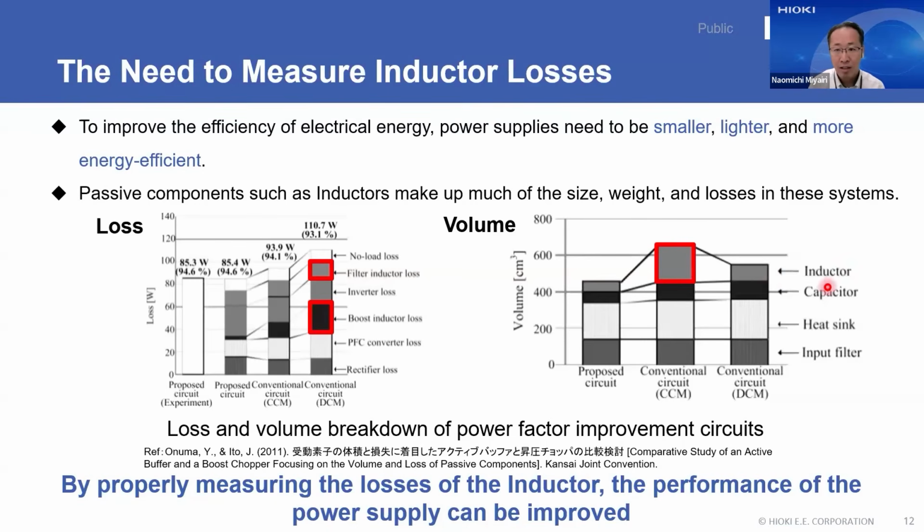Shown in this graph, passive components like inductors account for a significant portion of the total size and the weight of power supplies. And as overall system efficiency increases, the impact of inductor losses cannot be ignored anymore. So therefore, accurately measuring and understanding inductor losses is essential for improving design, increasing efficiency, and achieving higher performance in power supplies.